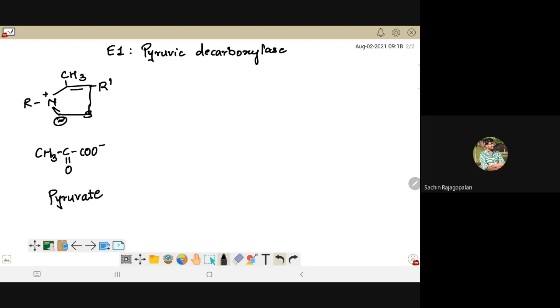Obviously, for this kind of an attachment to take place, we will add a hydrogen over here to convert this to a hydroxyl group, very similar to what you saw in HMP, right? When you do this attachment, and if there is a C double bond O, we normally convert that to a hydroxyl group. So one hydrogen is going to be taken up. Okay, so you get a complex of TPP and pyruvate, which looks like this.